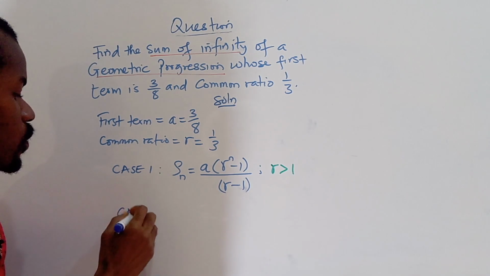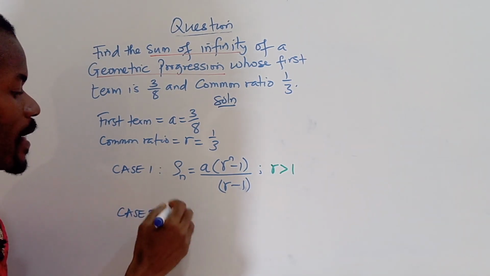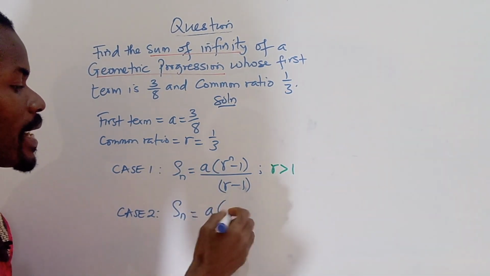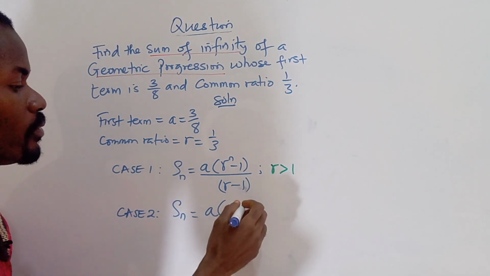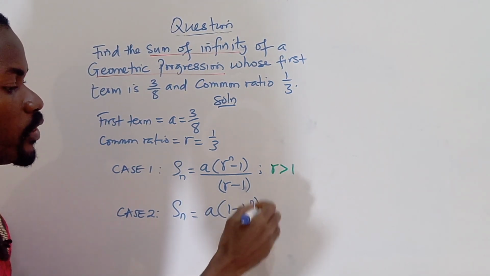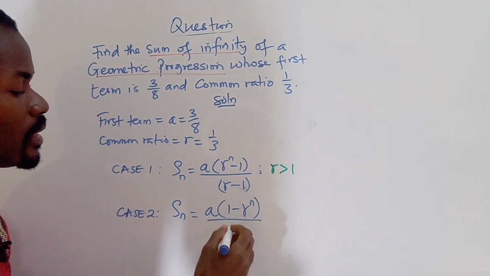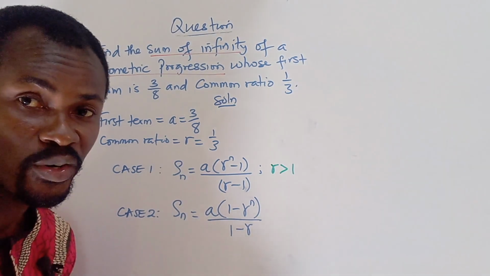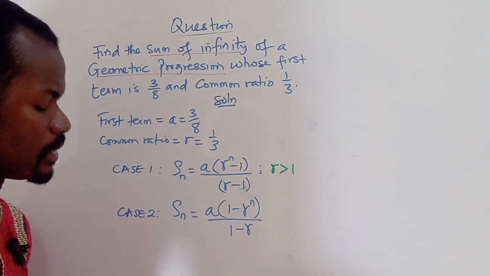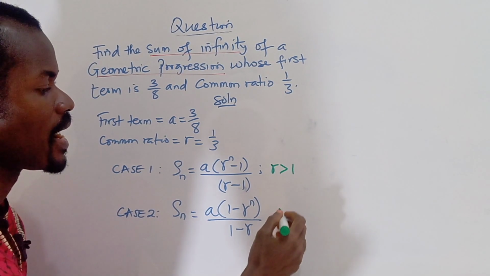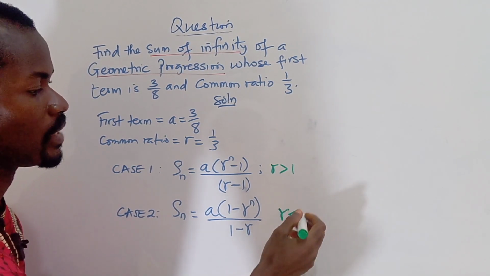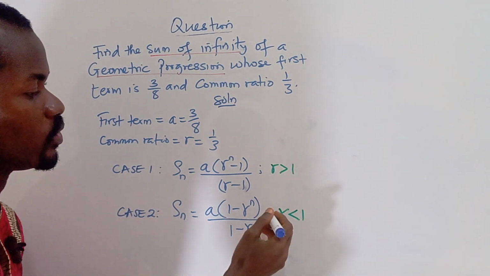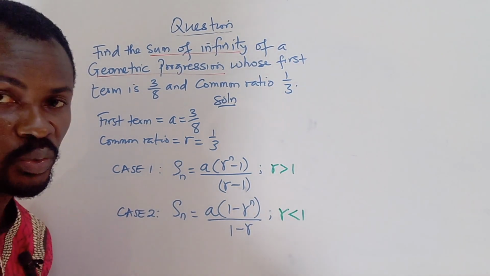Now for case 2, we have the sum of terms as the first term multiplied by, we are going to interchange this, so I have 1 minus the common ratio raised to power n, divided by 1 minus r without the power. That is for case 2, and in this case our r should be less than 1. So if r is less than 1, we can use the formula for case 2.